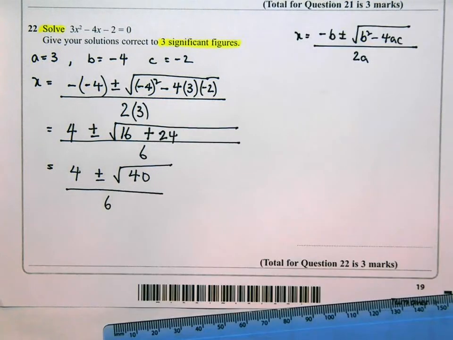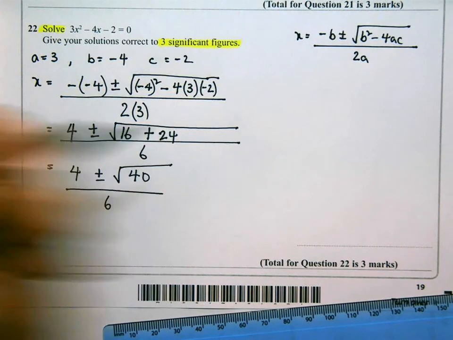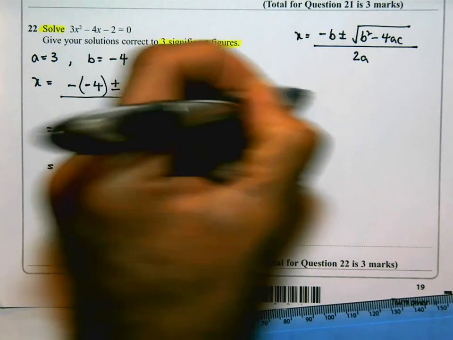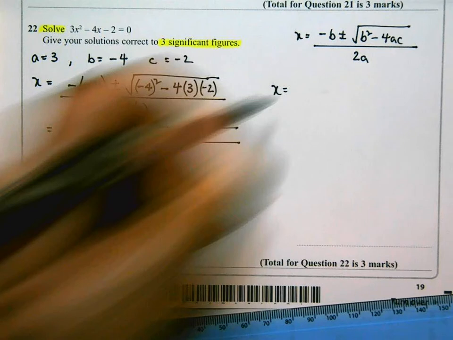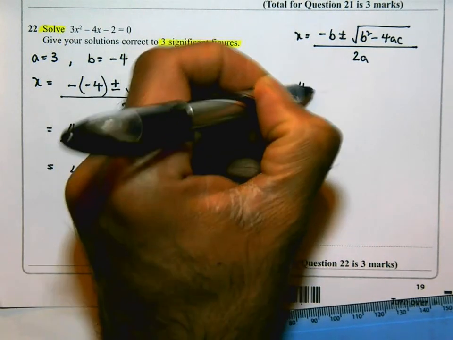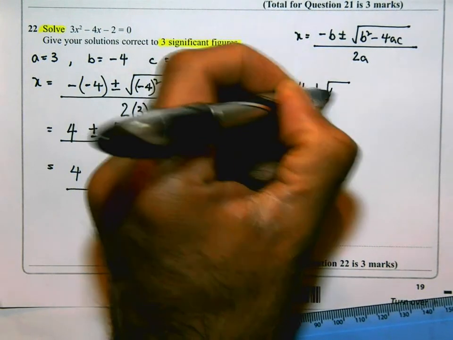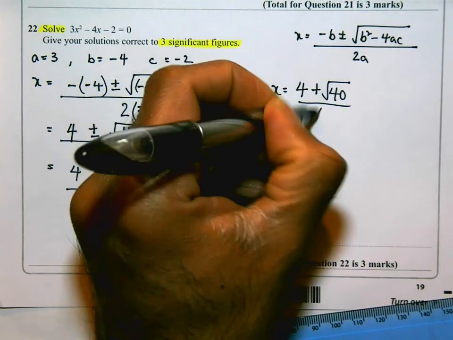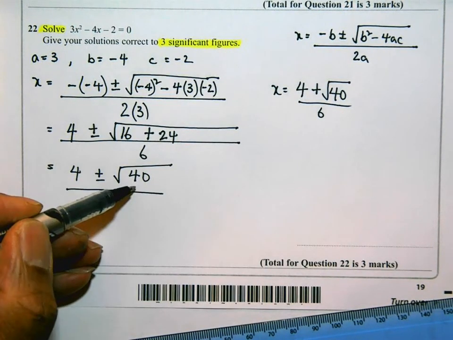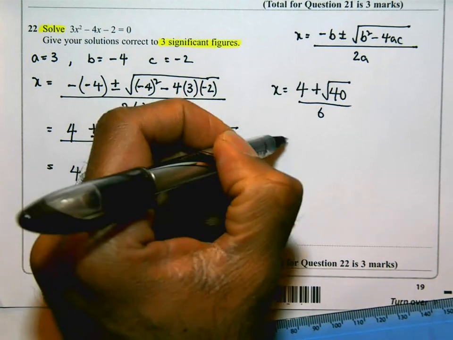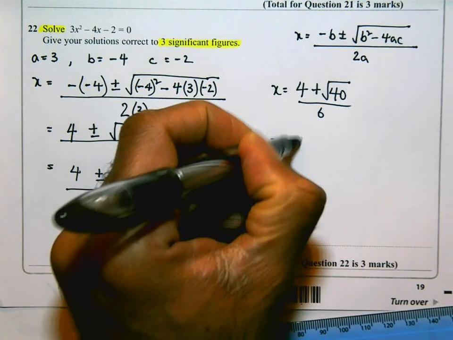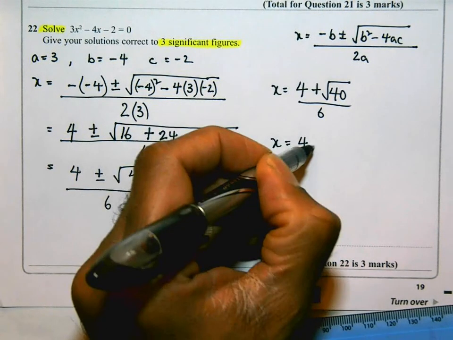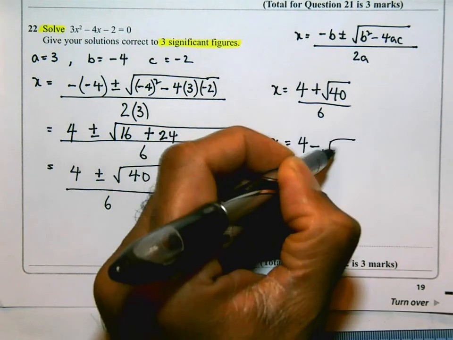Now, what I need to do is to work out what x is, and there are two possible values of x. X could be 4 plus the square root of 40 over 6, or 4 minus the square root of 40 over 6.